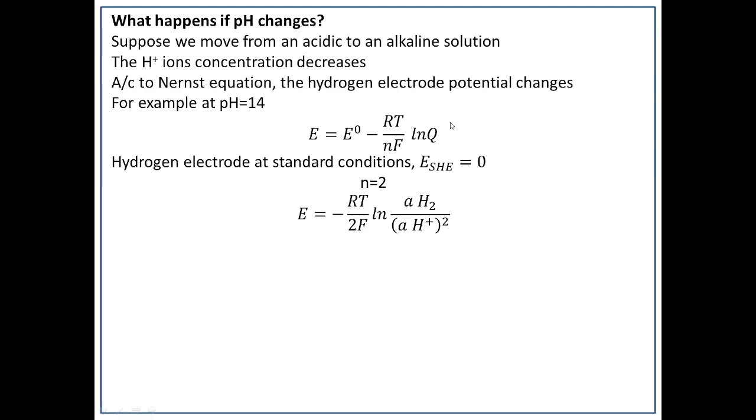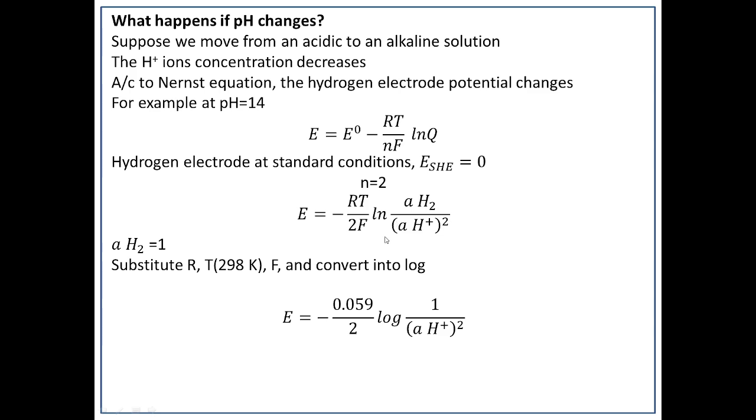We know that Q is the reaction quotient, the activity of product divided by the activity of reactant: activity of hydrogen divided by activity of H plus. Why activity instead of concentration? We know that activity is the effective concentration, so we put the activity instead of concentration. So here we can substitute the gas constant, temperature, Faraday constant, and convert ln into log.